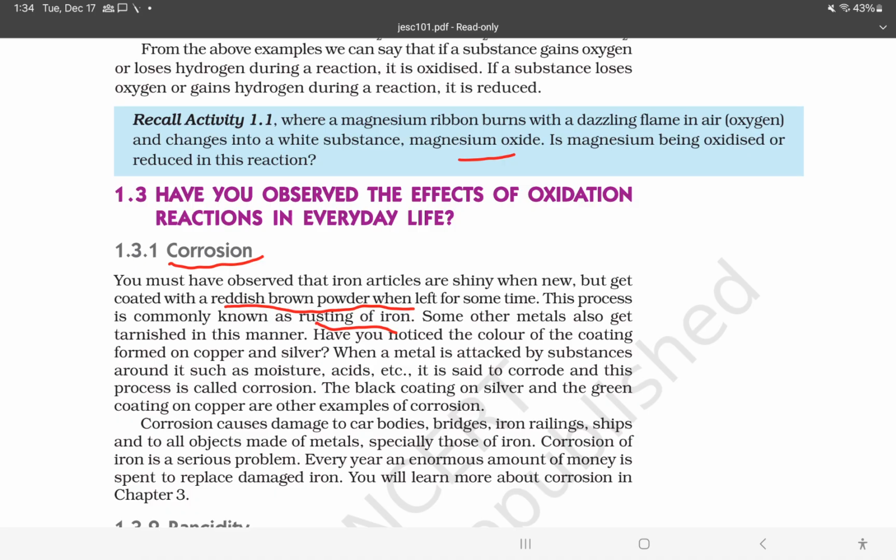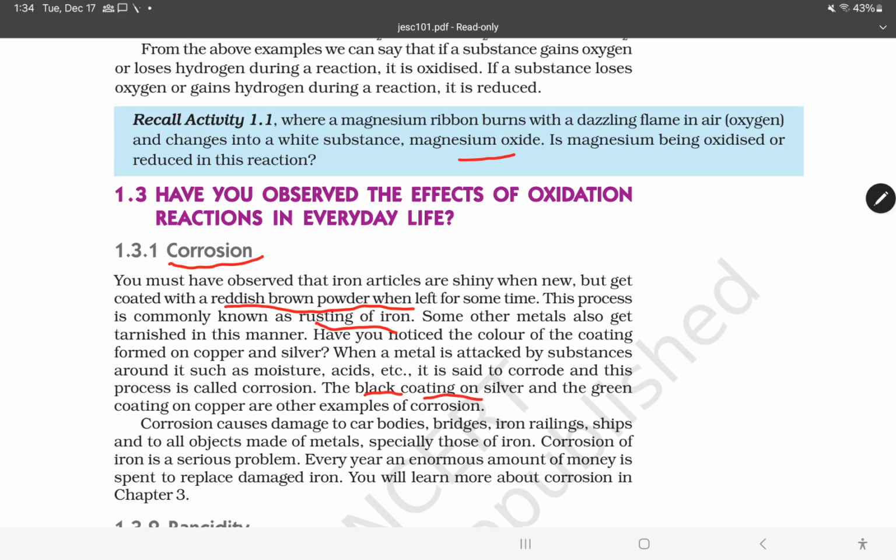So what is this corrosion actually? Iron or copper reacts with the oxygen present in the atmosphere, and this corrosion process takes place. Not only on iron, you can find this corrosion even on silver.